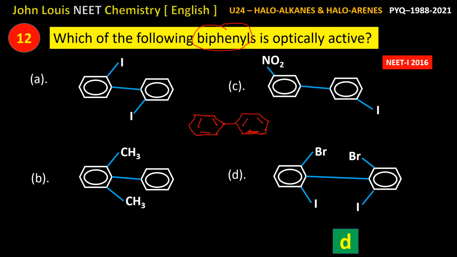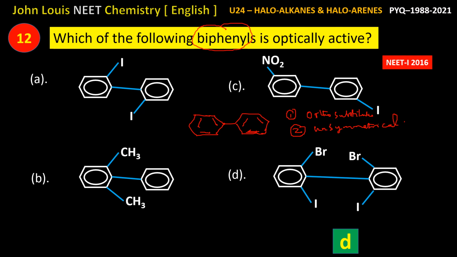So in biphenyl compounds there are two conditions to be optically active. So the first one is both the benzene rings should be substituted in the ortho position. See, they should be ortho substituted. One thing. Then second thing, whatever is substituted in the ortho position, they should be unsymmetrical.